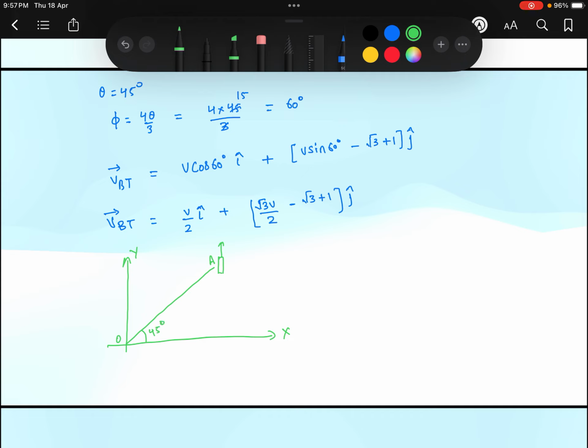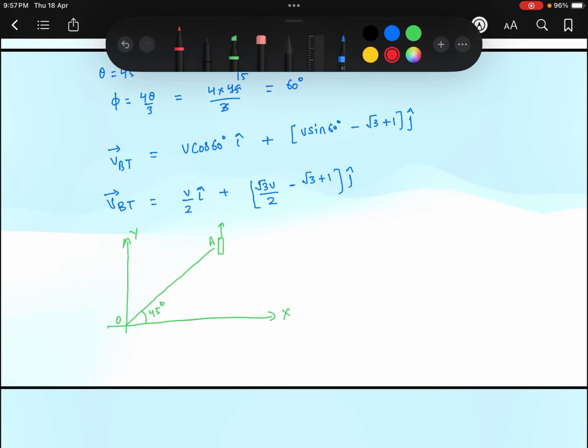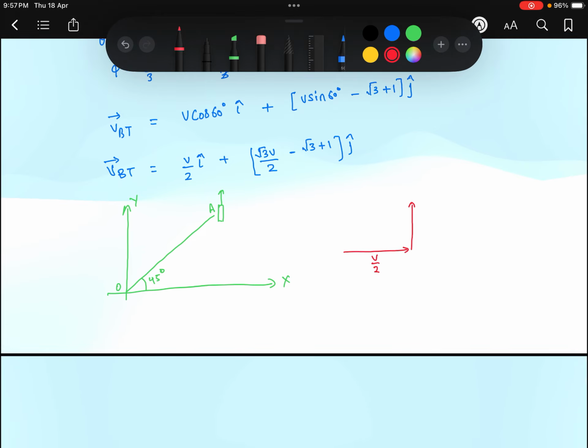Okay, so in this velocity of ball with respect to trolley, we can write that a component of this velocity is along x-axis like this, that is v by 2, and a component of v_bt is along y-axis, that is root 3 by 2 v minus root 3 plus 1.